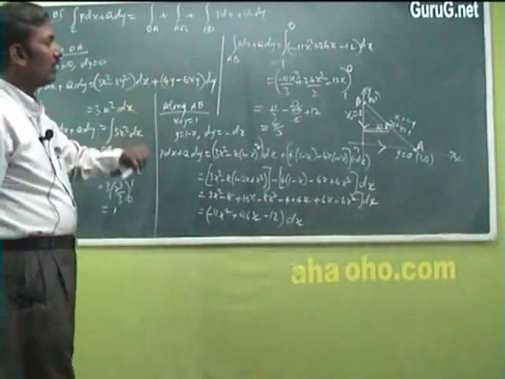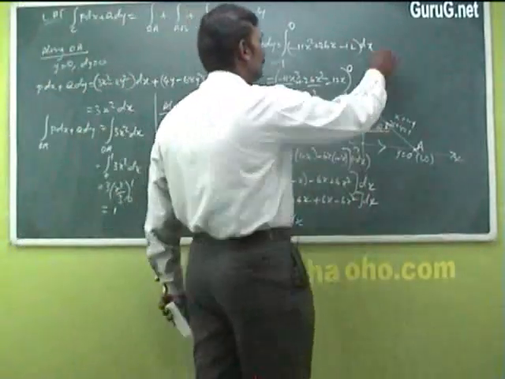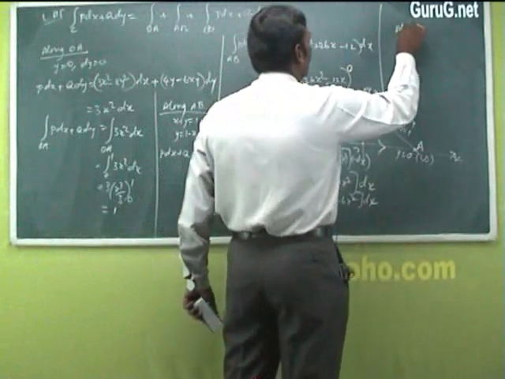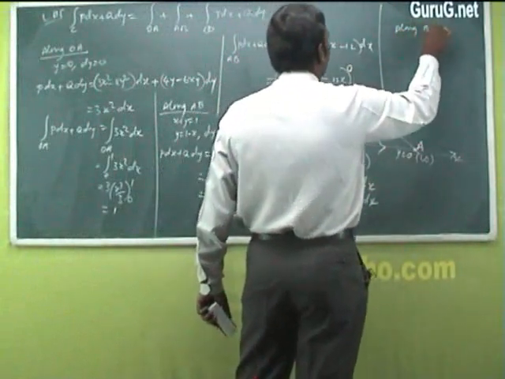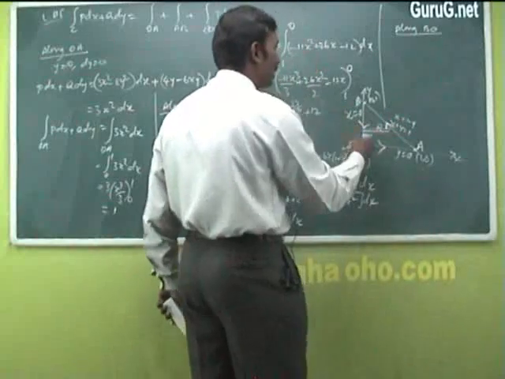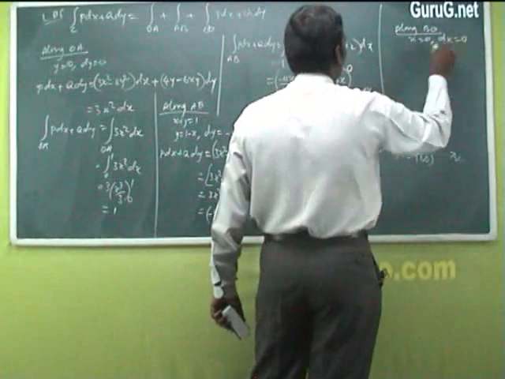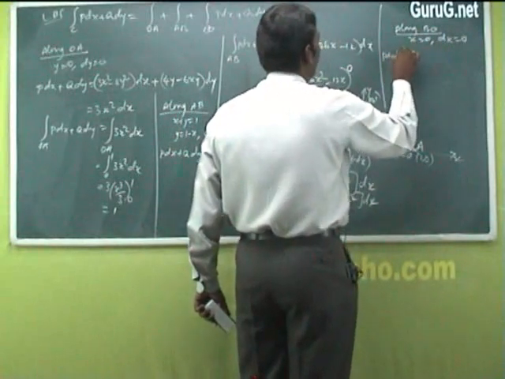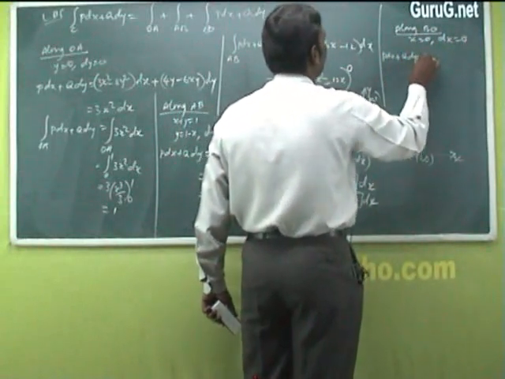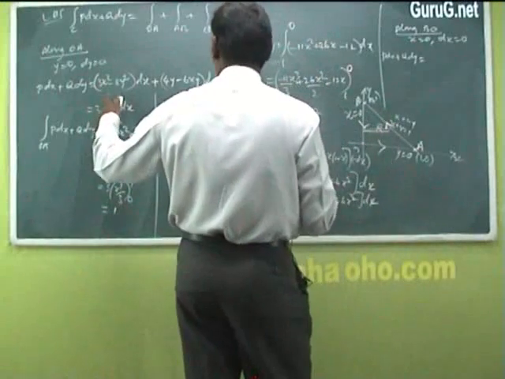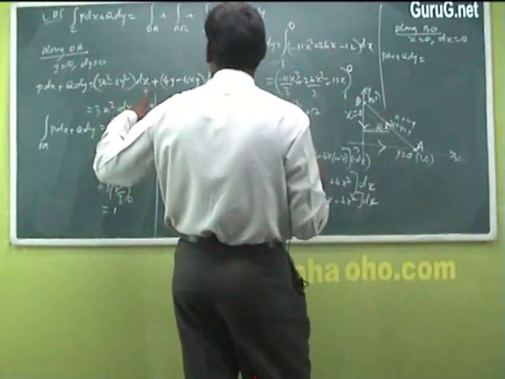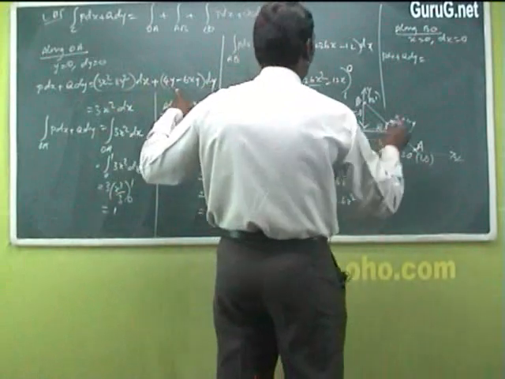Now the last one, along BO. So along BO x equal to 0, therefore dx equal to 0. So P dx plus Q dy equal to, we put x equal to 0 and dx equal to 0. So this is 0. Then 4y dy.